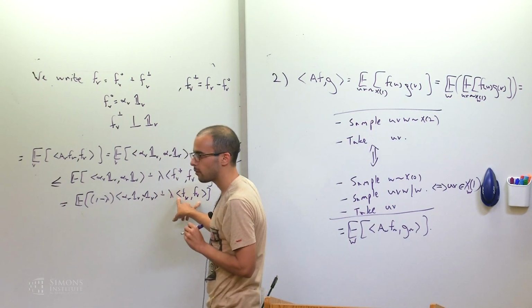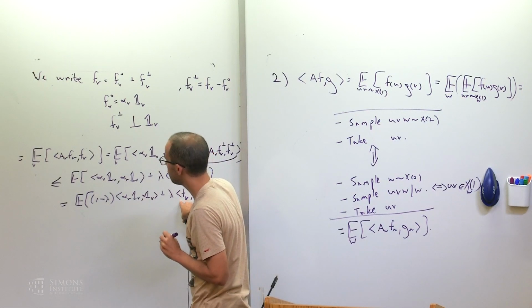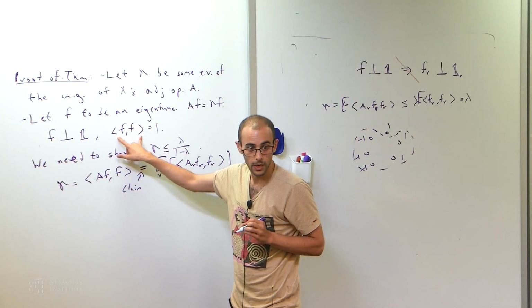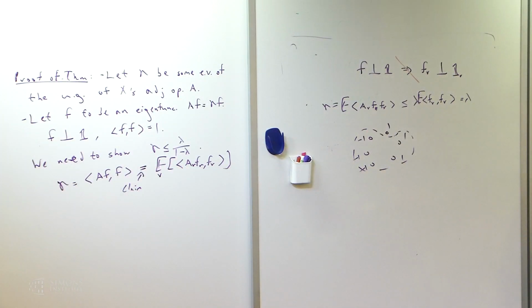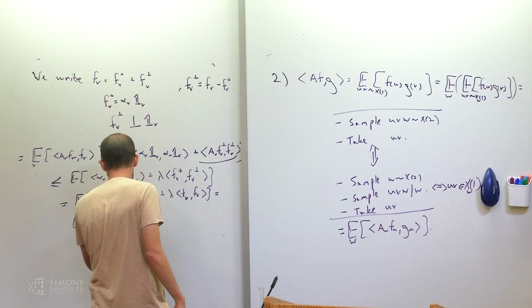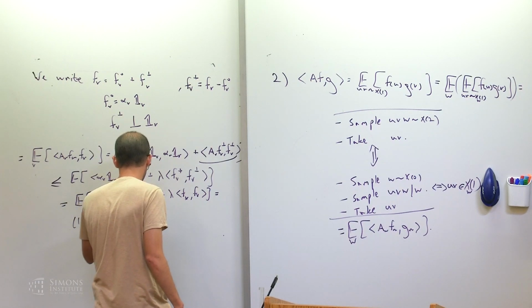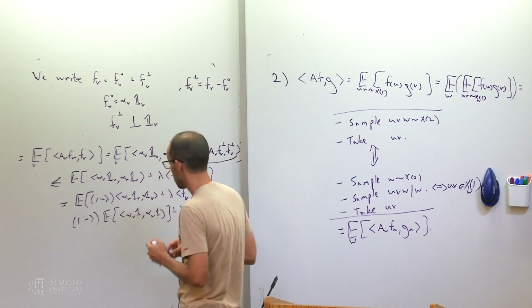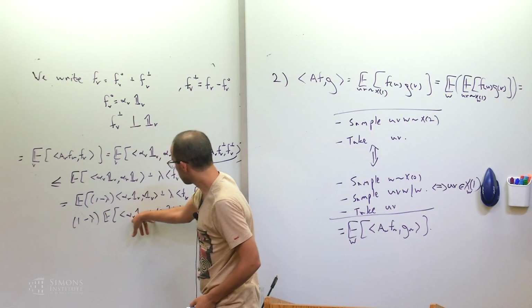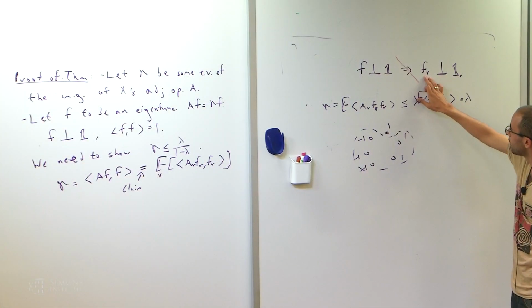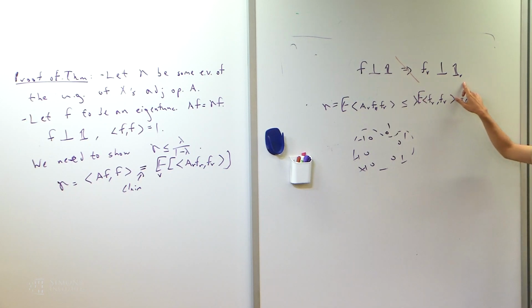And if we look at the right-hand side, we know that fv inner product fv in expectation is just f inner product with f. This is again the use of the local claim. So this will be equal to 1 minus lambda times the expectation of the first part, plus lambda. So now we're left to understand the problematic part, the part that prevents us from saying that fv is perpendicular: the constant part.